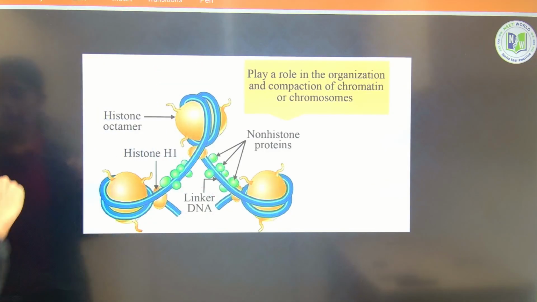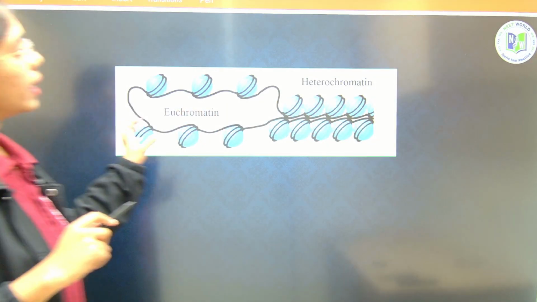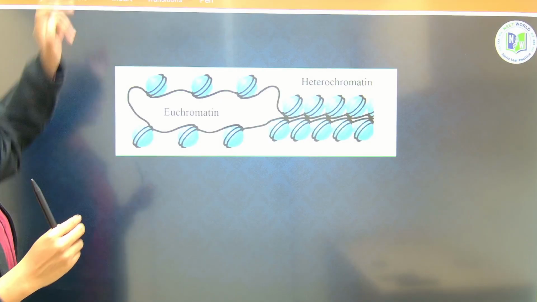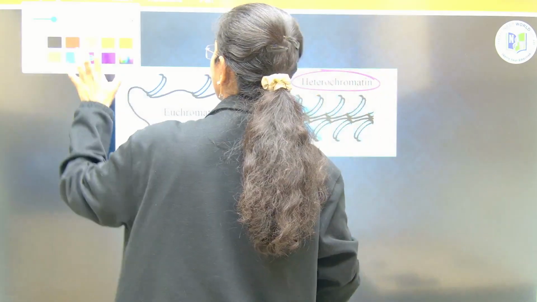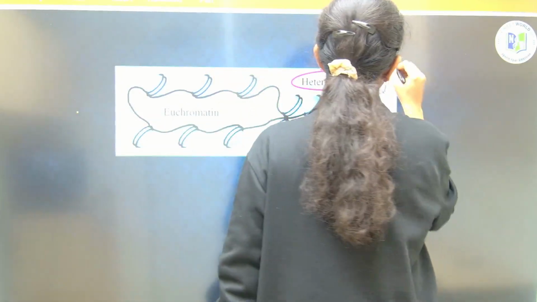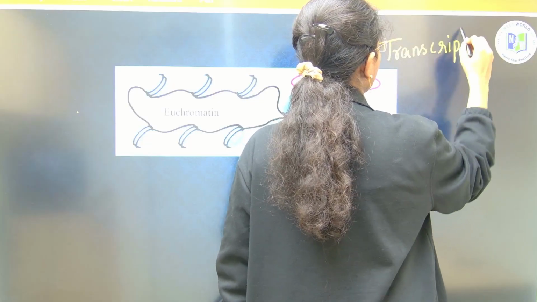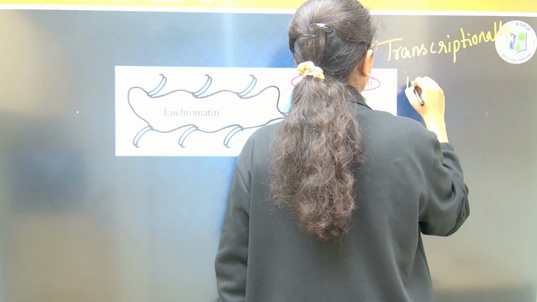Okay. And after packing, you can see the DNA which is condensed, tightly packed, those regions of DNA are known as heterochromatin. These heterochromatin regions of the DNA are transcriptionally inactive.